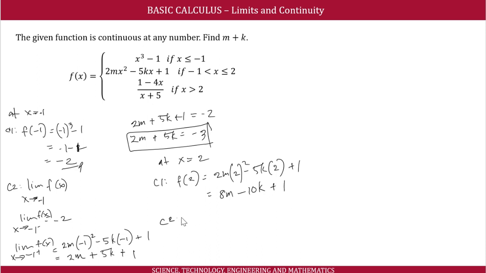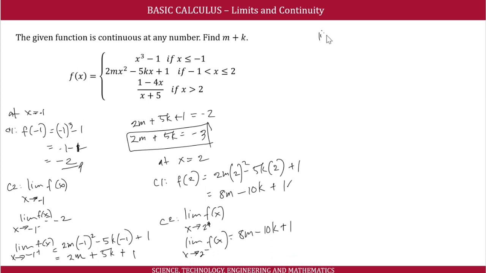That will be the answer for f of 2. So we have the limit of f of x as x approaches 2 from the left. That will be the second subfunction again because x is less than or equal to 2, so the value is also 8m minus 10k plus 1.